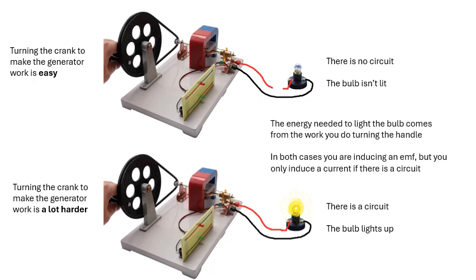The energy needed to light the bulb comes from the work that you do turning the handle. In both cases, you are inducing an EMF, but in the second case, you're actually inducing a current as well. And because you're inducing a current, there's power involved and you are doing work.